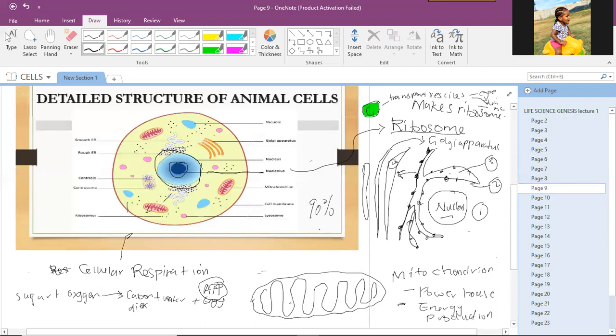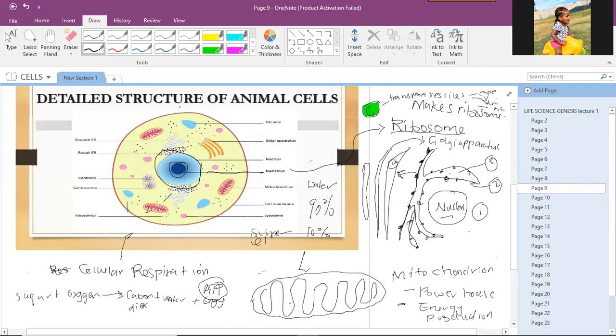The cytoplasm is 90% water, and 10% are all these structures we've talked about: ribosomes, nucleus, rough endoplasmic reticulum, etc. So the cytoplasm is the medium in which all cellular reactions take place. It's 90% water and 10% suspended cell organelles. And all these organelles are membrane bound.